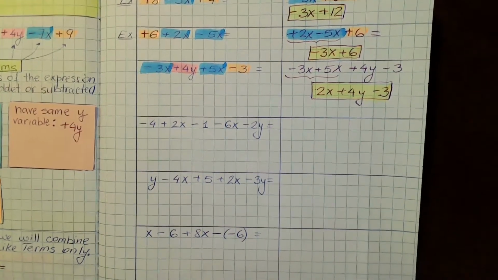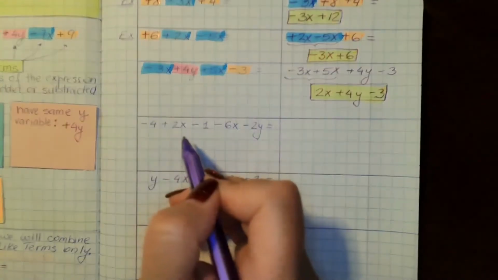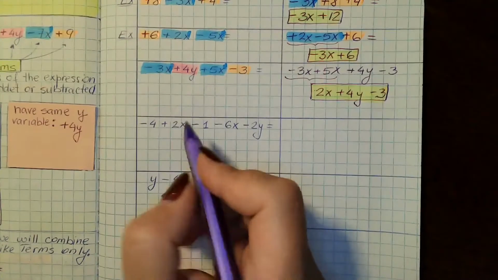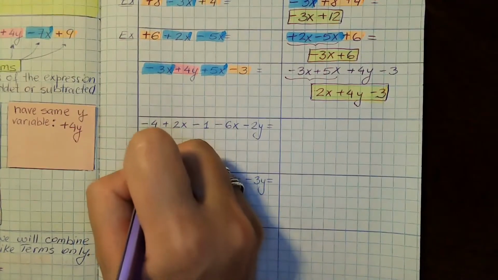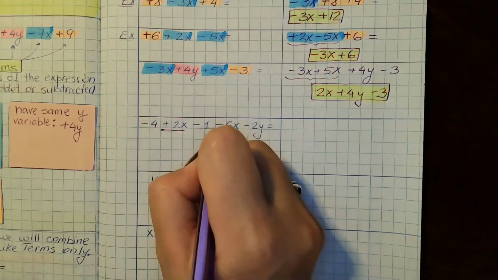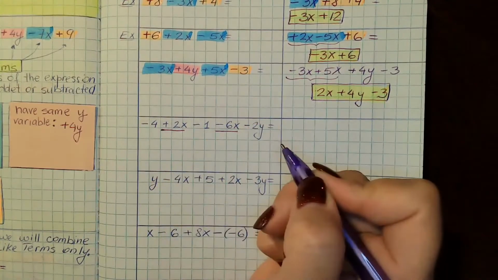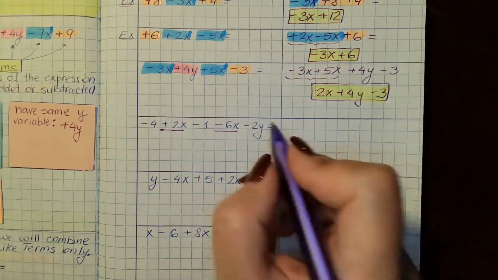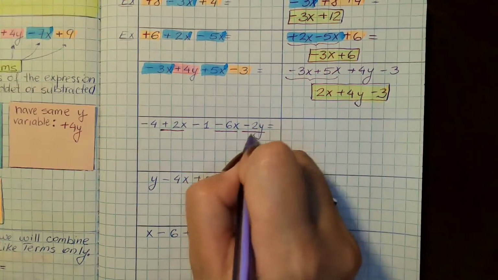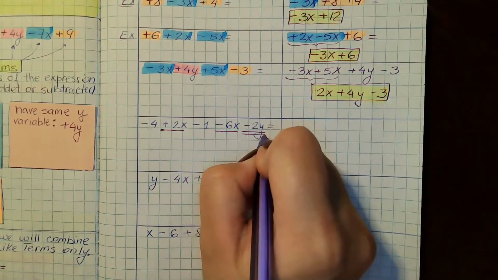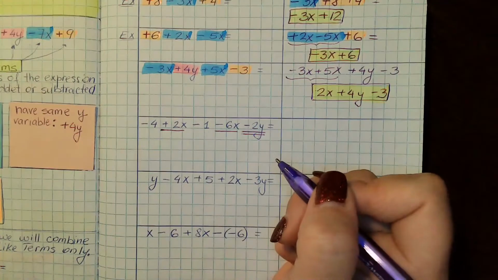So let's say we have this next expression, and I need to pick up my like terms. So I have positive 2x and negative 6x. I can underline those with one line. Then I have the y term, so I can underline it with two lines, showing it's different.